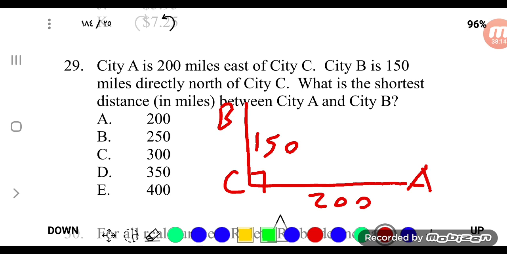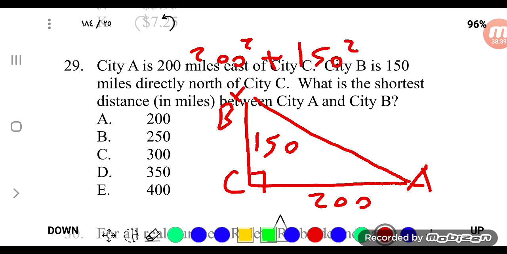Now the question was the shortest distance in miles between city A and city B. Alright, so I need to find the distance here, the hypotenuse. So I can use the Pythagorean theorem, the easiest way. I can say here 200 squared plus 150 squared is equal to AB squared.